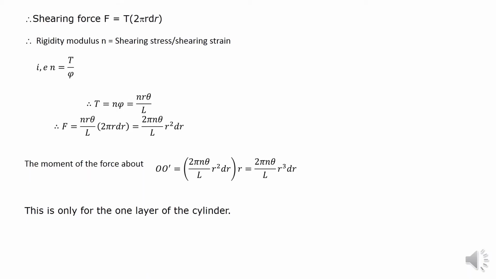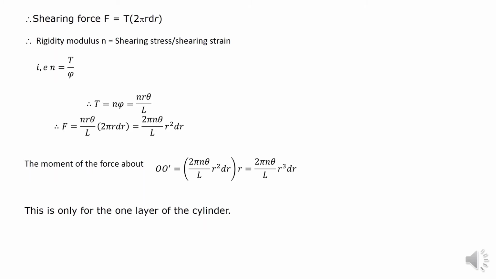Therefore, T is equal to n into phi, that is equal to n into r into theta divided by L, by substituting the value of phi. Therefore, the equation for F becomes n into r into theta divided by L into 2 pi r dr, or we get 2 pi n theta by L into r square dr.